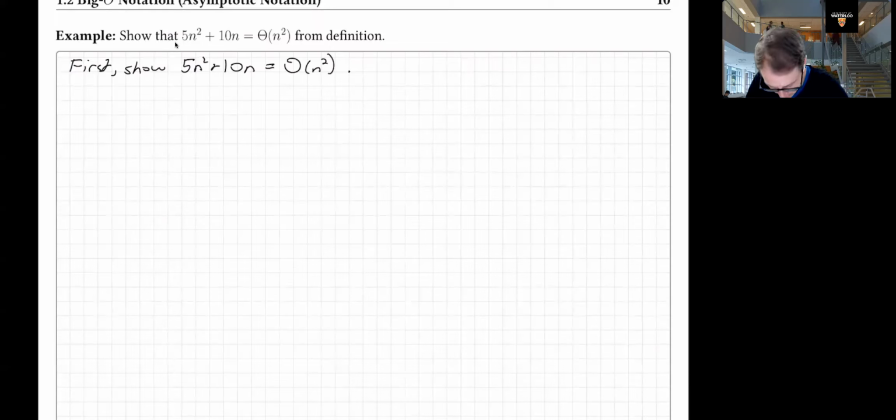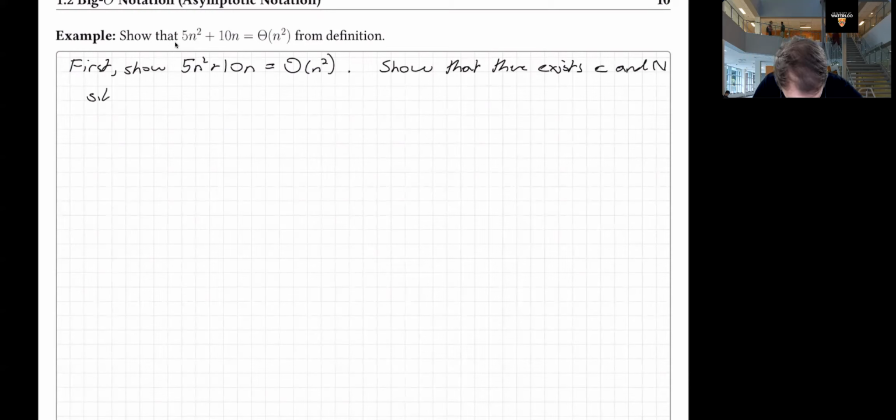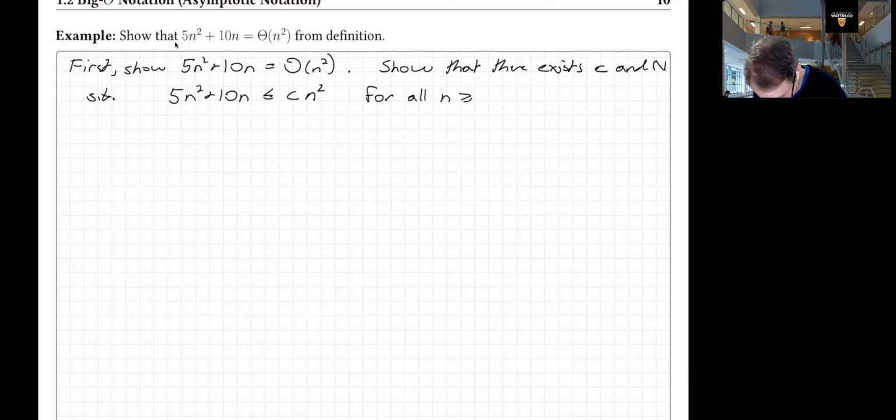To do this, we need to show that there exists a constant c and another constant capital N such that 5n squared plus 10n is less than or equal to this constant times n squared, as long as n is bigger than or equal to this capital N. So the question is, what do I set this c to and what do I set this N to make this hold?